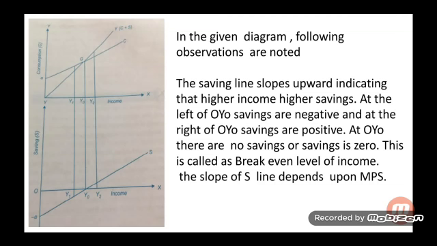OY0 in the graph is a point where the savings are not there because income is equal to consumption. That is why Y0 is the point on the x-axis in savings.